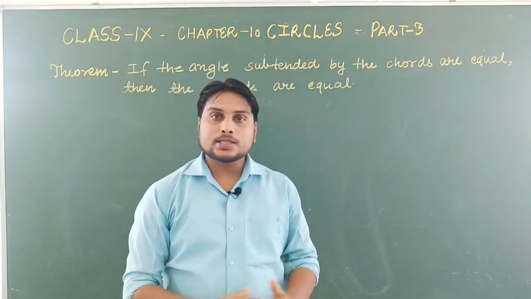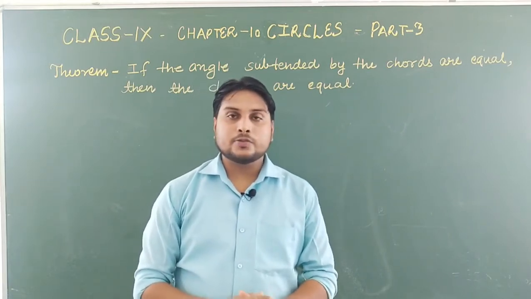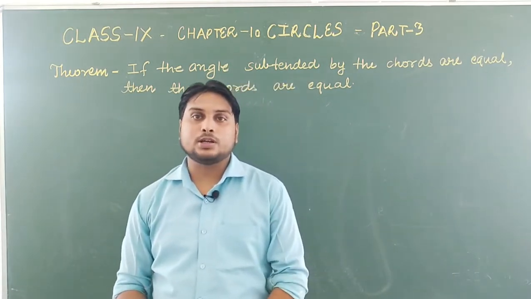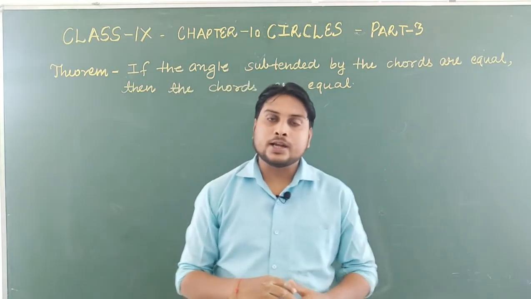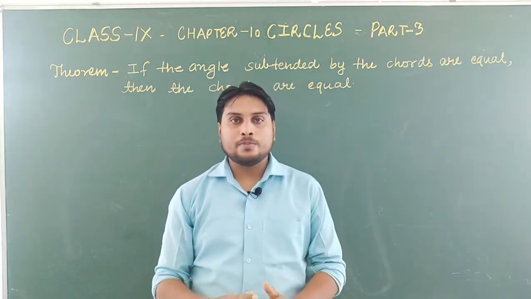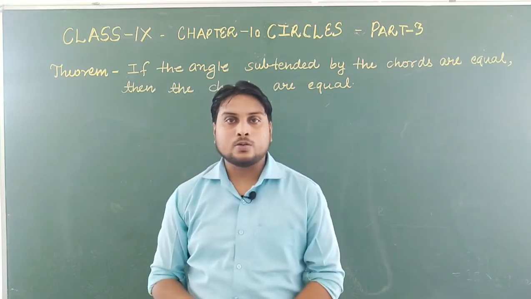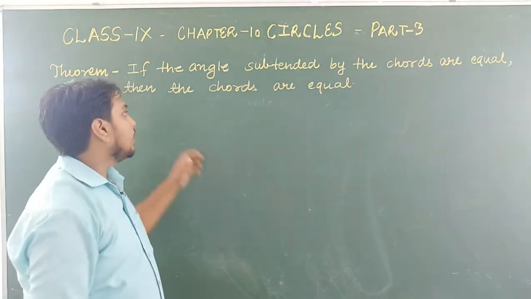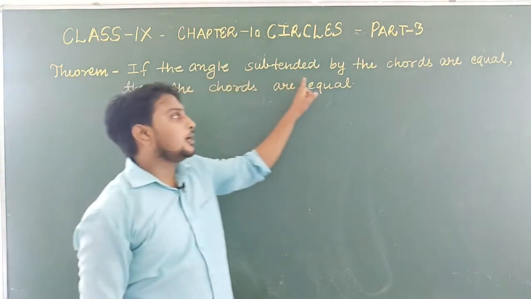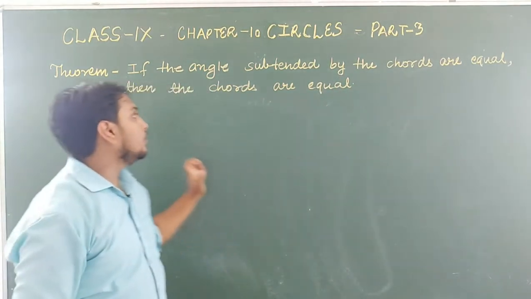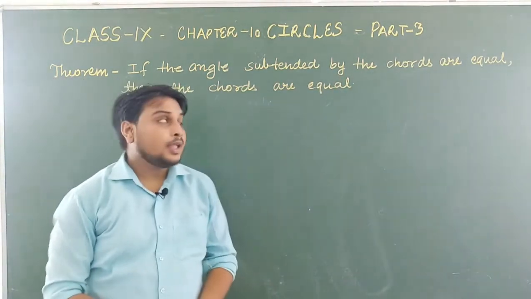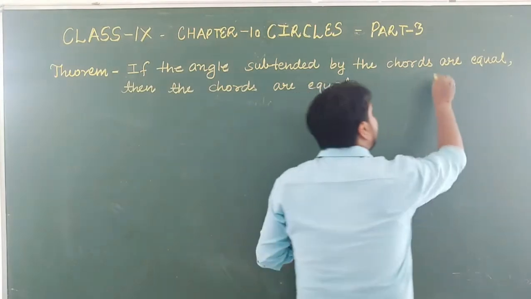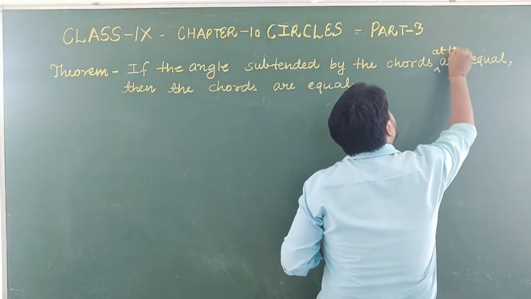Now students, coming to the second theorem. The second theorem is just the converse of the first theorem. In the first theorem we said that equal chords form equal angles at the center, and the statement of the second theorem is just the converse of the first.